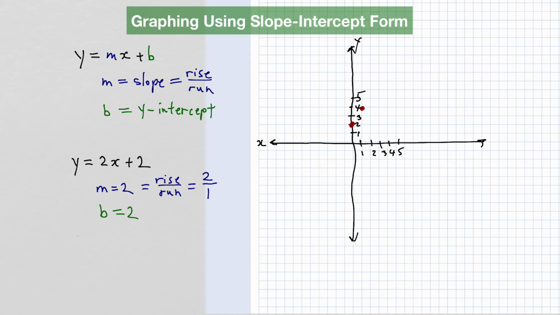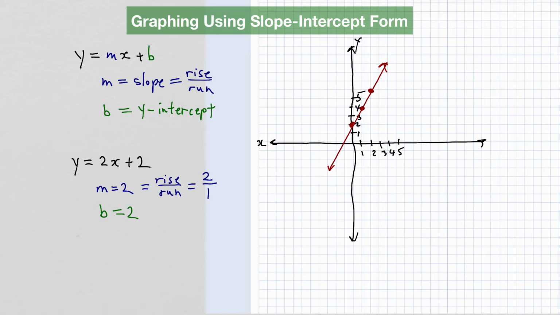I like to plot 3 points before I draw a straight line. So I'm going to go up 2 again, 1, 2, and I'm going to go to the right 1. I'll put a dot there. Then we graph our line, and there's our line.